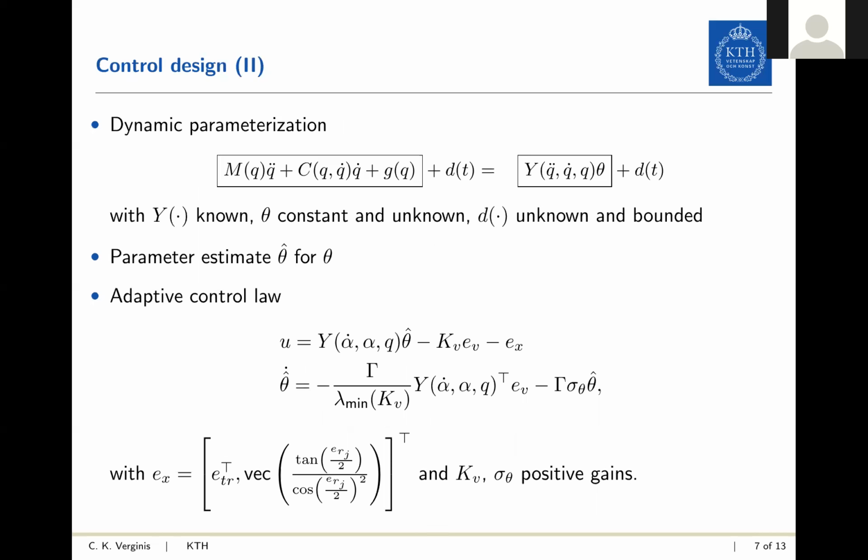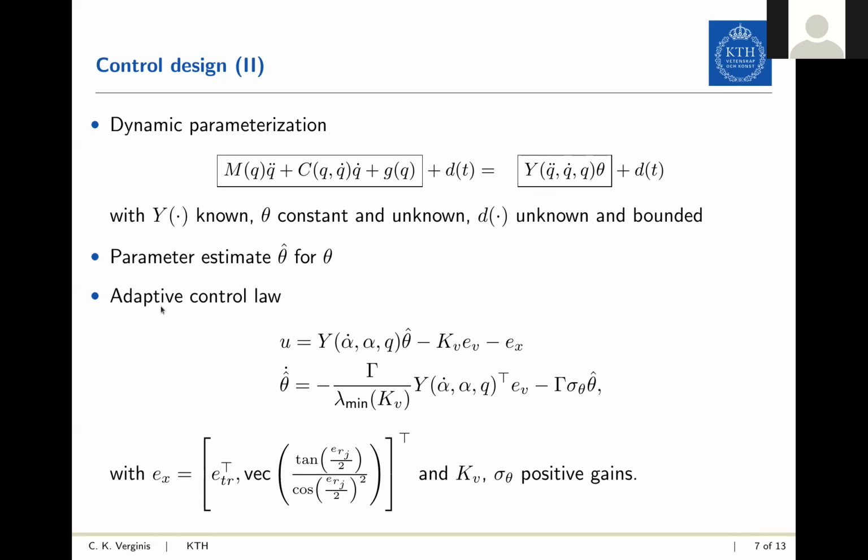The second step consists of the actual design of the control input. As a reminder, the dynamics part here is factorized into this form: the product of a known matrix Y times a constant but unknown vector theta. Since this theta is unknown, we use an estimate, theta hat.